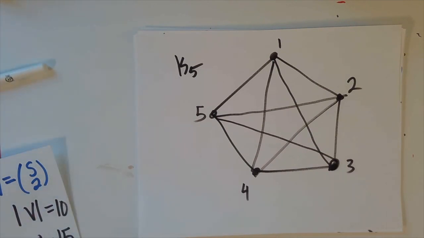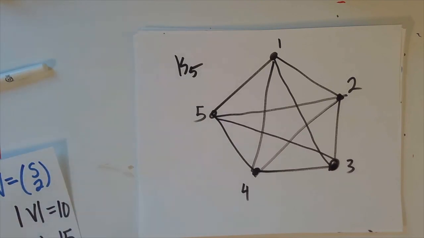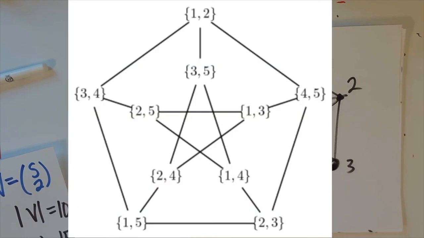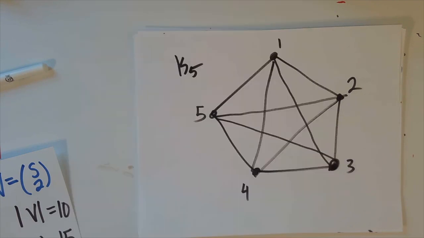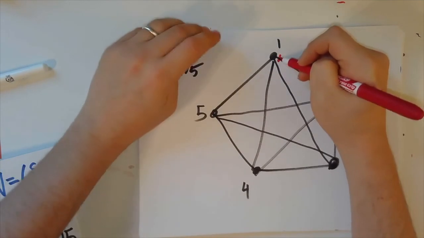And then what's the relationship between this and the Petersen graph? Well, the Petersen graph, again, corresponds to having as vertices the edges of this graph. So for example, if I pull back up the Petersen graph for a second, this very top vertex is corresponding to the edge 1, 2 here.